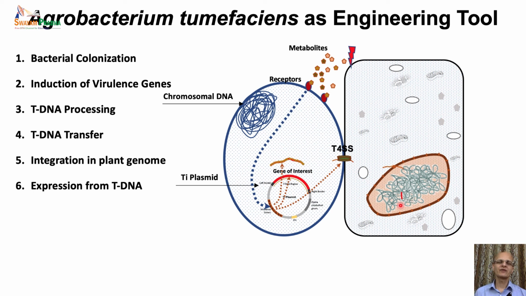Now, if you remember the constituents of the tDNA, it had two regions. The first one was the opine synthesis genes. When these genes were expressed, they resulted in the synthesis of opines, which were later used by the Agrobacterium as a source of carbon and nitrogen.